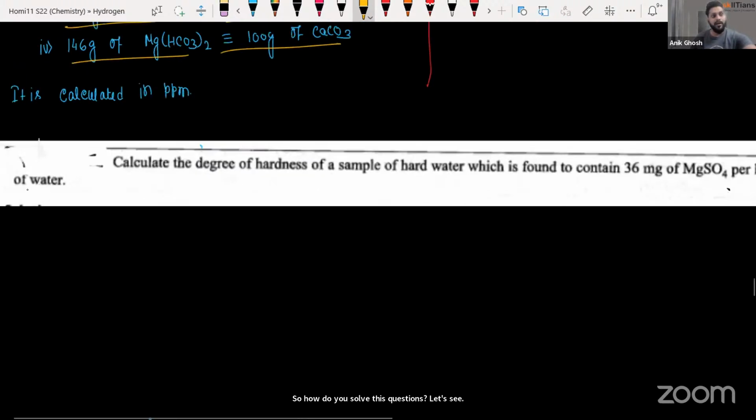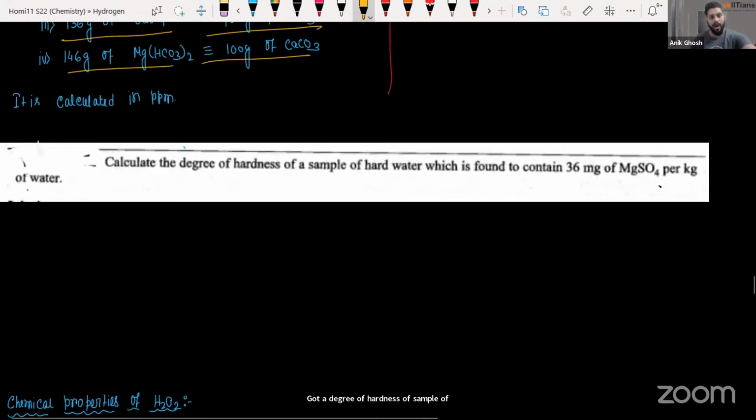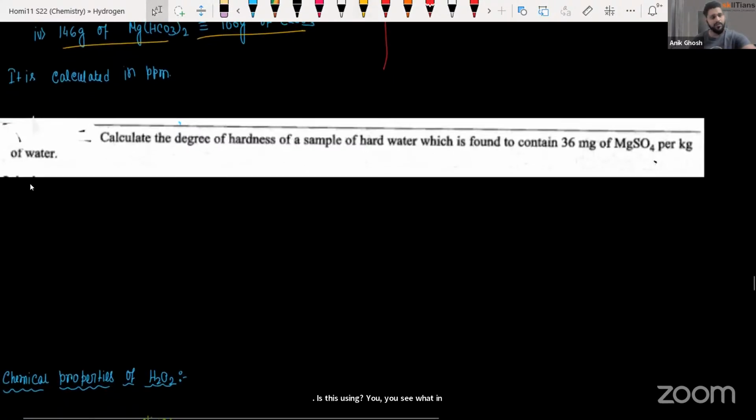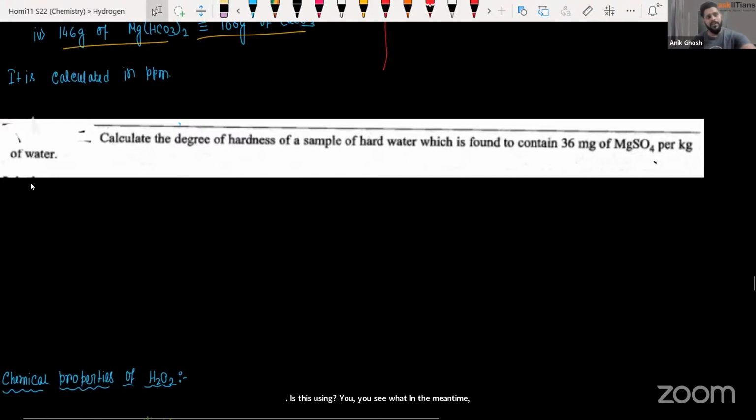Calculate the degree of hardness of a sample of hard water. Is this using POAC? In the meantime, let's solve this question. Calculate the degree of hardness for the sample of hard water, which has been found to contain 36 milligrams of magnesium sulfate per kg of water.